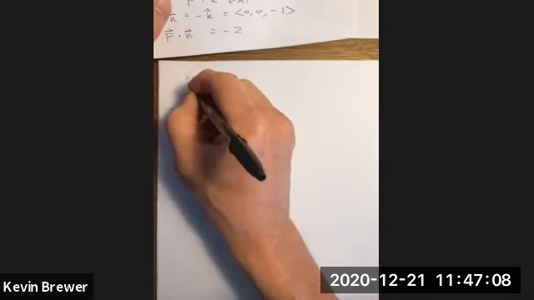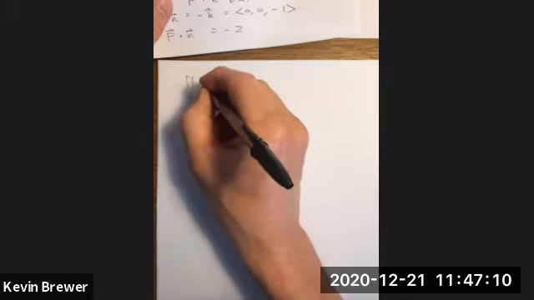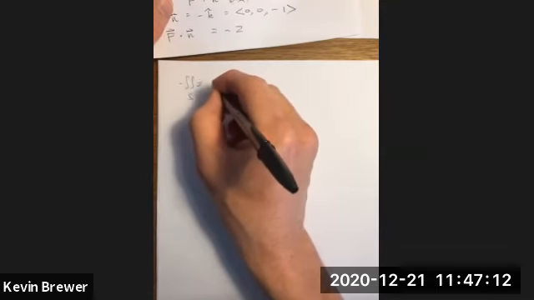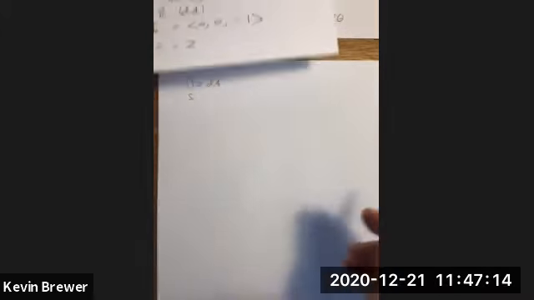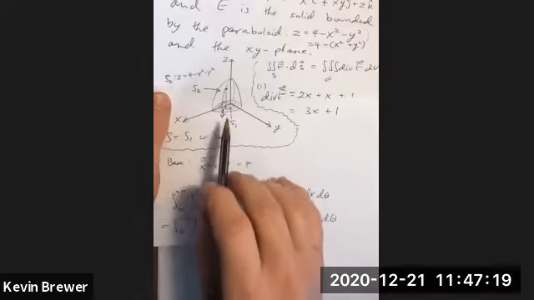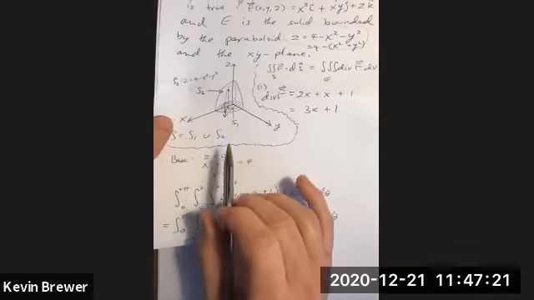But, we're integrating over S1 minus z dA. But of course, on S1, z is equal to 0.